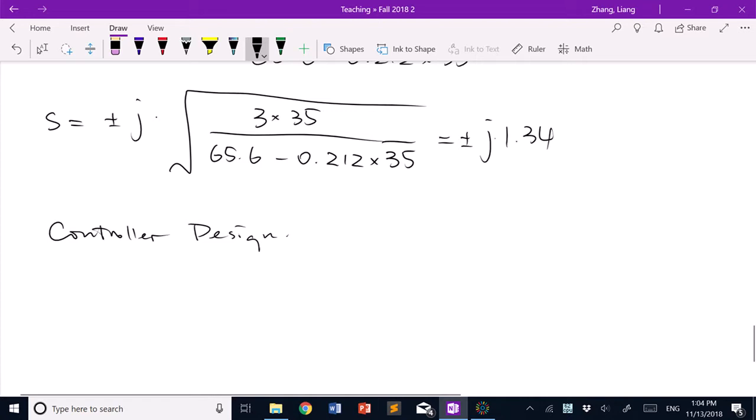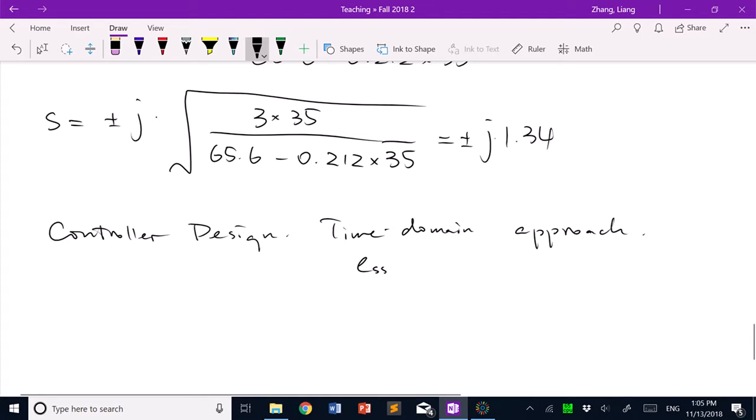Now, the control design that we're discussing here is based on an approach that focuses on the performance of the system in the time domain. Or time domain approach. Right, because when we talk about steady state, we're looking at t to infinity.